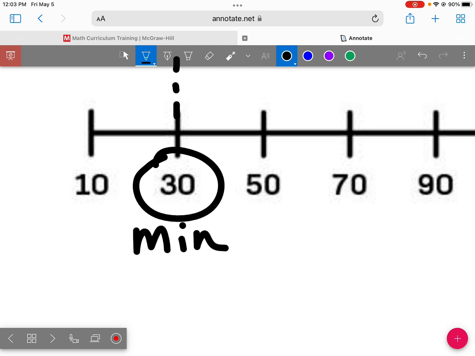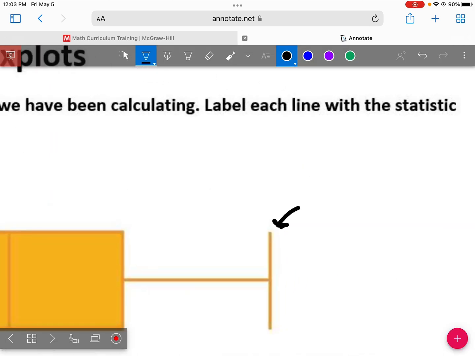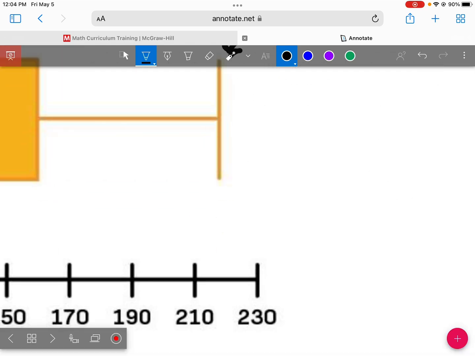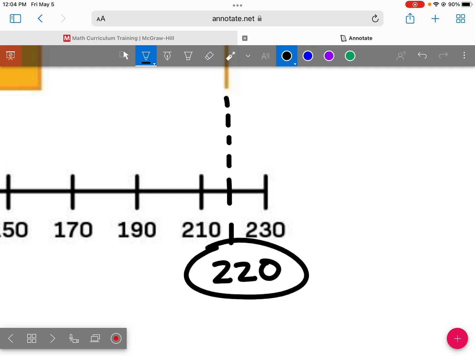So if the farthest to the left is the minimum, what do you think the farthest to the right is showing me? The maximum. So on this graph, if I take that down to the axis here, that looks like it's at about 220.